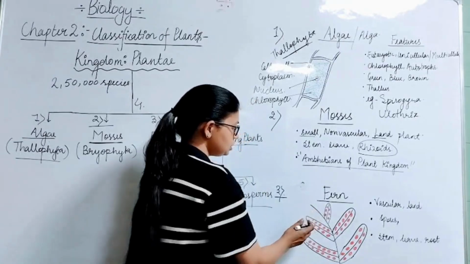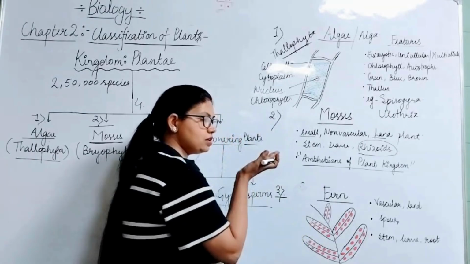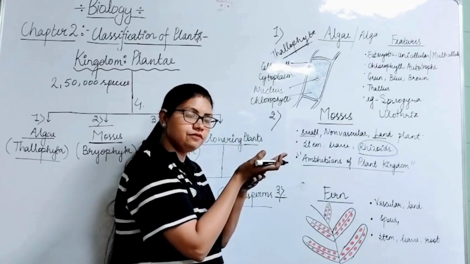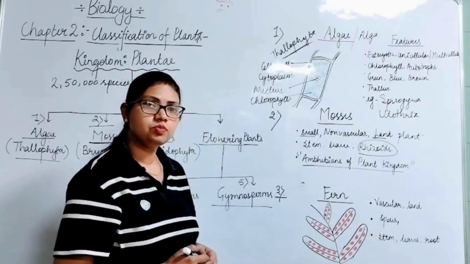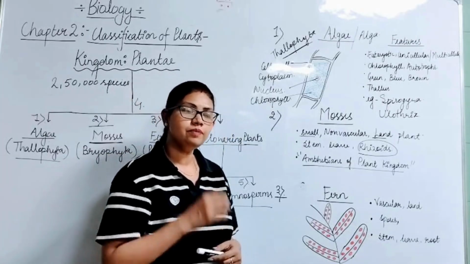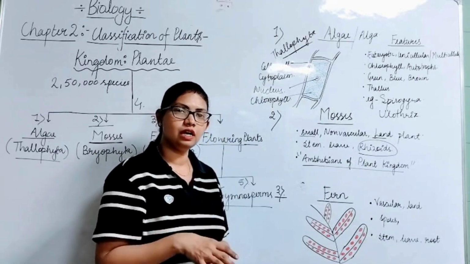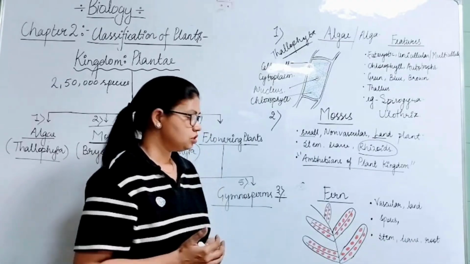You can see the structure here. This is the structure of the leaf, and this is the dorsal part. We can see this one below the leaf. The dorsal portion contains the spores, and these spores basically help in reproduction. When these spores fall down on the earth, they give rise to new plants.